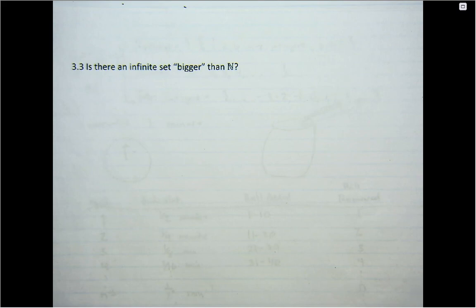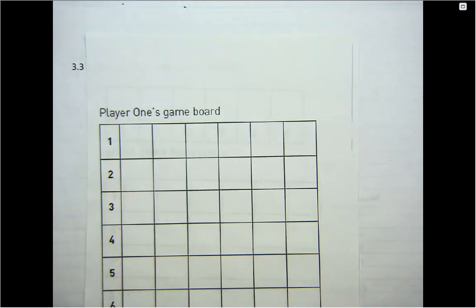So to do that, we're going to take a look at dodgeball. I don't know if you remembered on the first day of class when we did dodgeball, but I had said we would come back to this to help us with infinity, so that's what we're doing in 3.3.